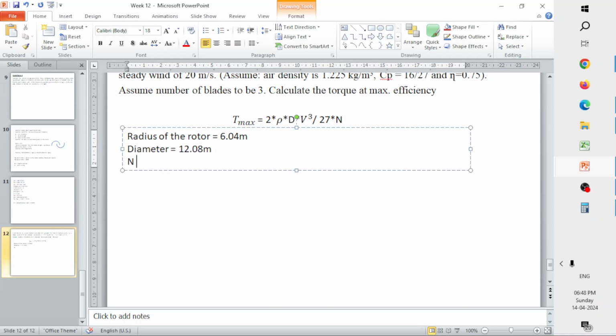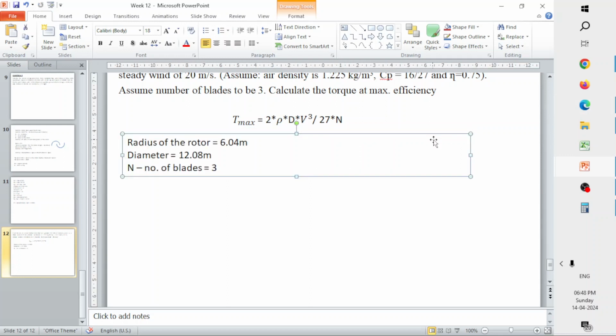And n is the number of blades, so that is 3 here. I am assuming it as 3. For this system, I am asking you to calculate the torque at the maximum efficiency.